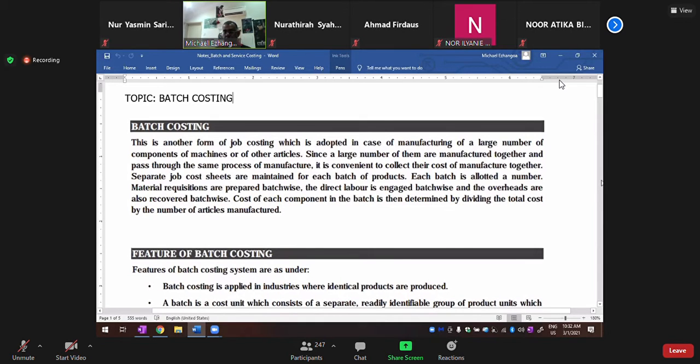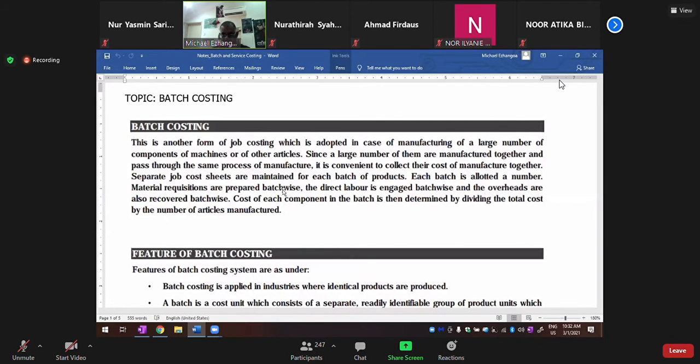Material requisitions are prepared batch-wise. Direct labor is engaged batch-wise. And the overheads are also recovered batch-wise. You see, we measure everything by the batch because we know that within the batch, every unit made is the same. It's a batch of homogeneous units.